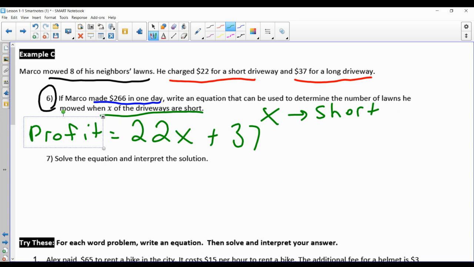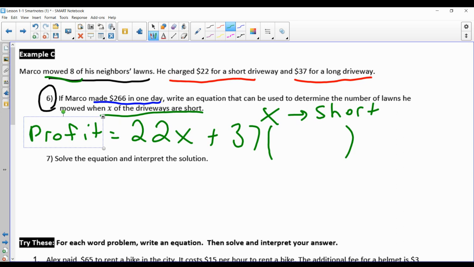And this is where it gets a little bit interesting. We don't really have a full idea yet of how many long driveways he mowed. All we know is that he mowed 8 total driveways and that X of them were short. So what we're going to do is build almost a separate equation. So I'm going to build some parentheses here.